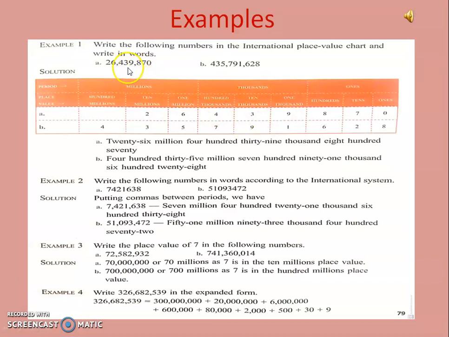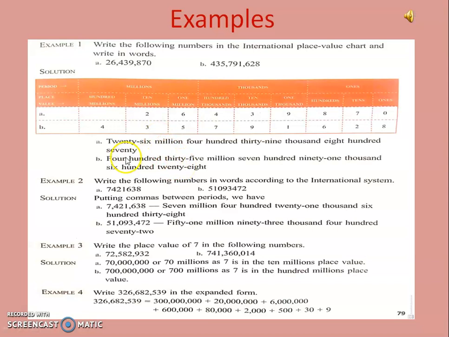Next digit 3 will come under 10,000 and the next digit 4 will come under 100,000. Here the second period of thousands completed and the third period of millions started. So the next digit 6 will come under 1 million and the last digit 2 will come under 10 million.